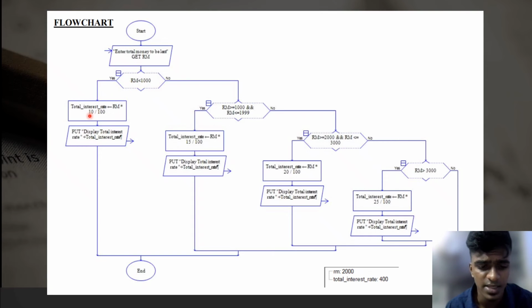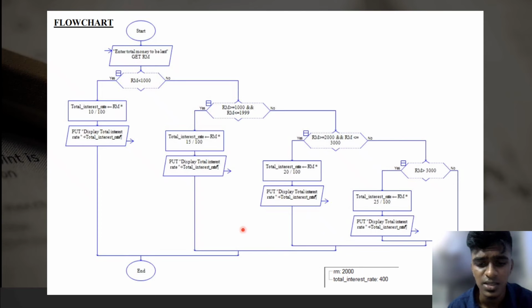It continues with a statement, total_interest_rate equals RM times 10 per 100, and output, put double quotation, display total interest rate, double quotation plus total_interest_rate. Meanwhile, on the right side, it will continue with other selections and outputs until RM bigger than 3000.